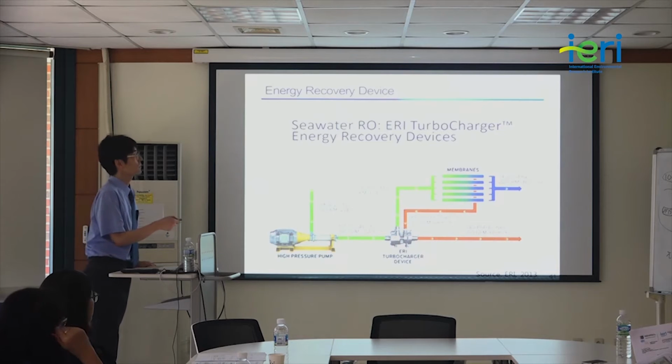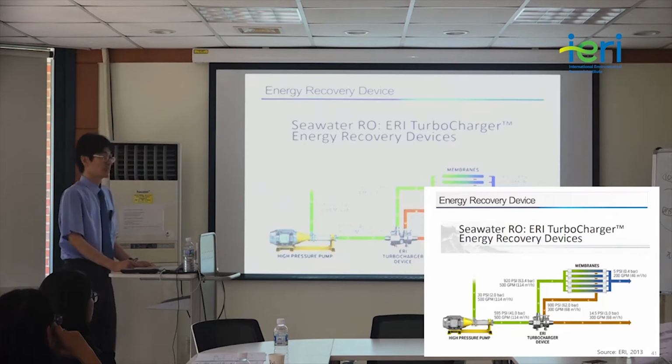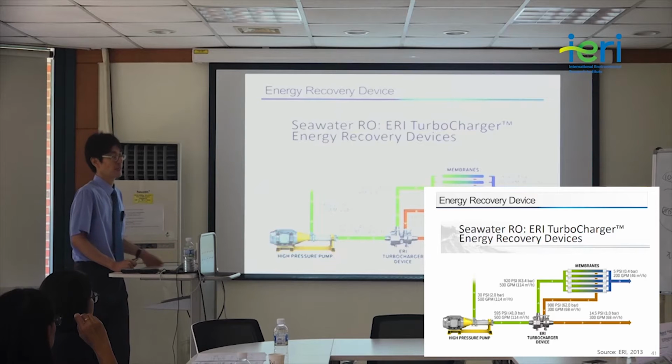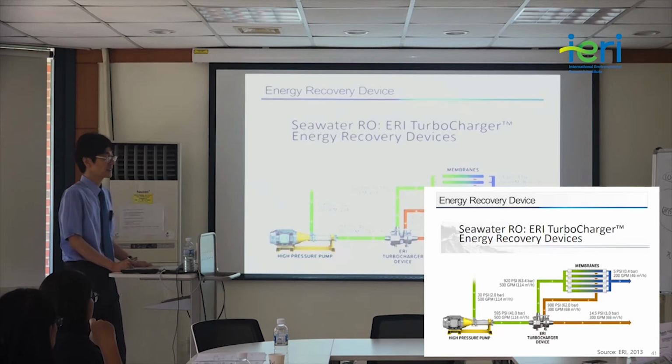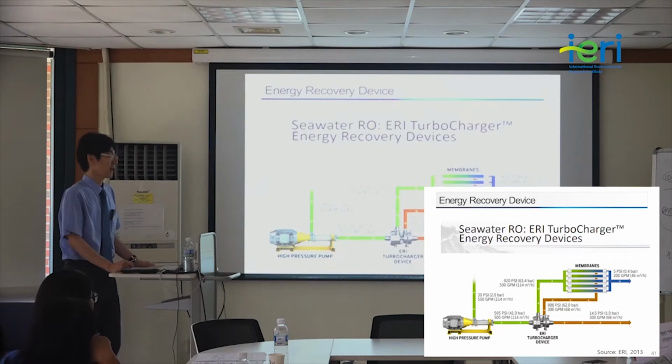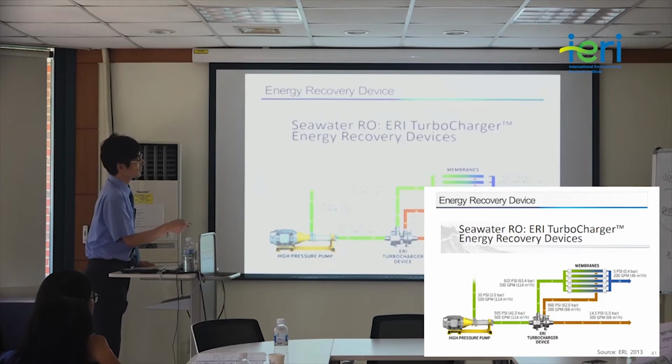And then people developed a better device, which is called a turbocharger. In fact, turbochargers are used in many gasoline cars, and they utilize the same idea. The role of the turbocharger is to deliver the hydraulic energy in the brine to the feed side.